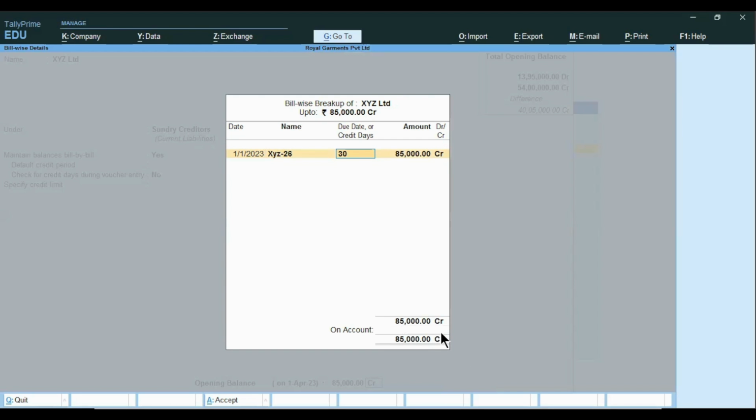I'm giving 30 days as a due date, enter, and that bill was of 15,000, enter. See, 85,000 was the total outstanding, out of which we have entered only a bill of rupees 15,000. So till we completely enter the 85,000 amount, it will rest over here only. It will not go to the next screen.